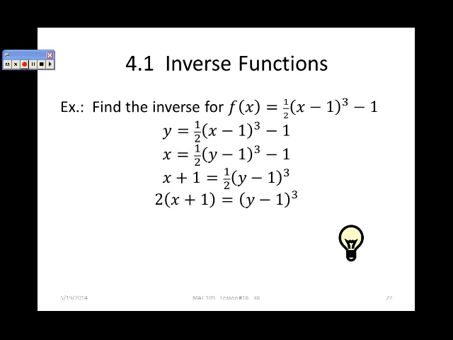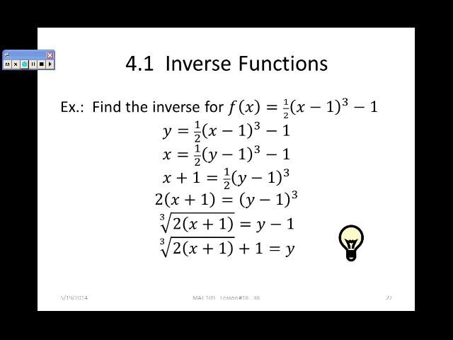Then I take the cube root of both sides. Then I add 1 to both sides, and I have y equals. That then is, I claim to be the inverse of this. Actually, I should put f inverse there.